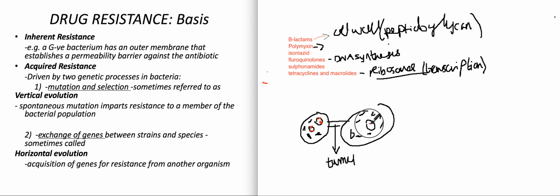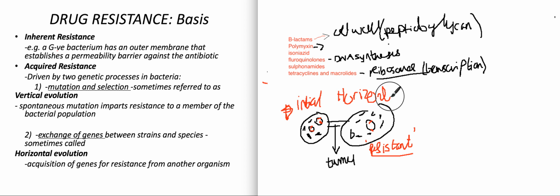So once it comes here, these also gain it. So now these become resistant. These ones were the initial parent, and this is the recipient. So this is known as horizontal. So it's going across the x-axis.